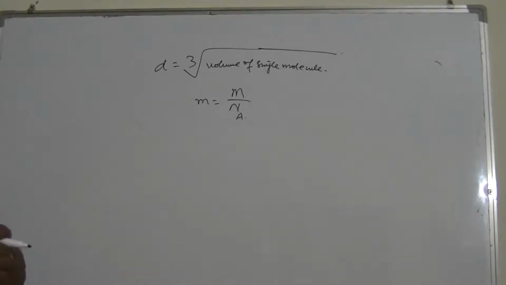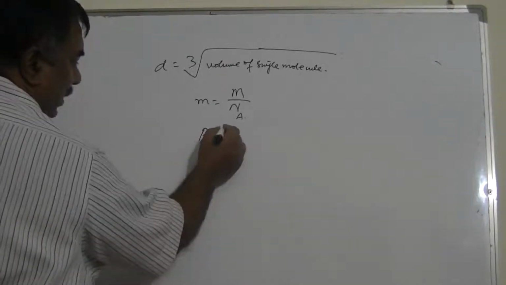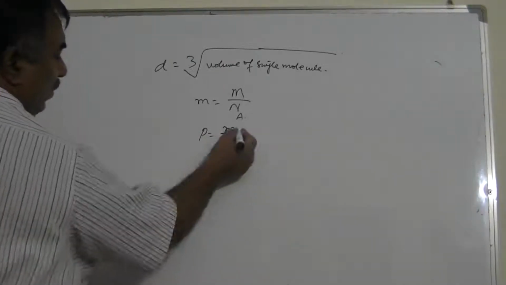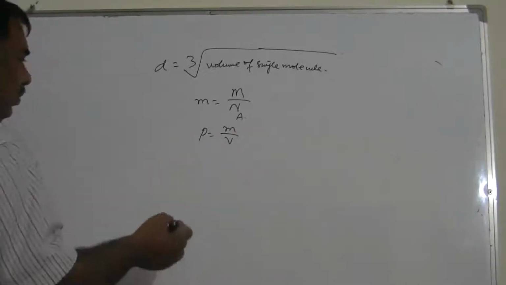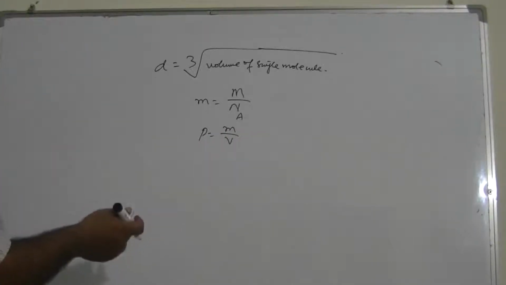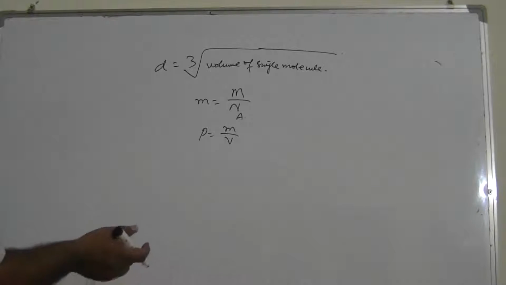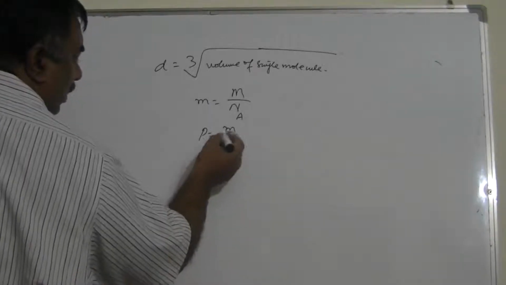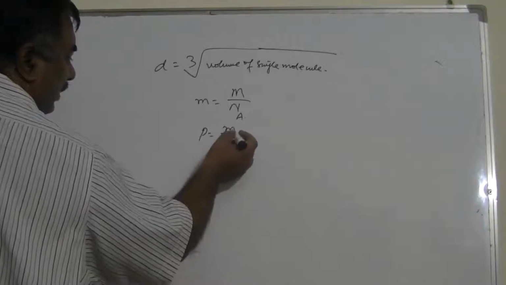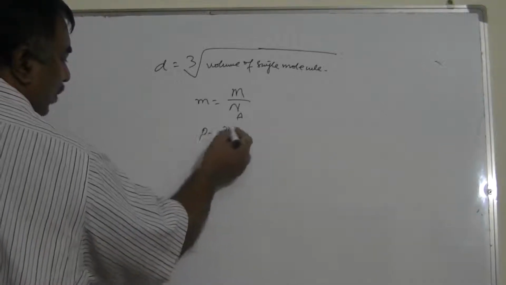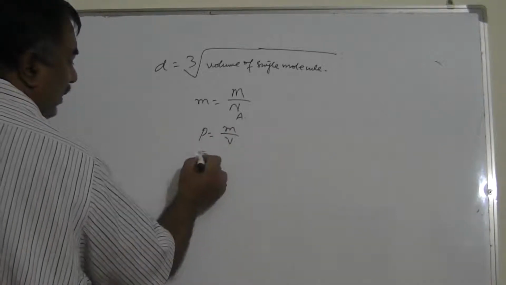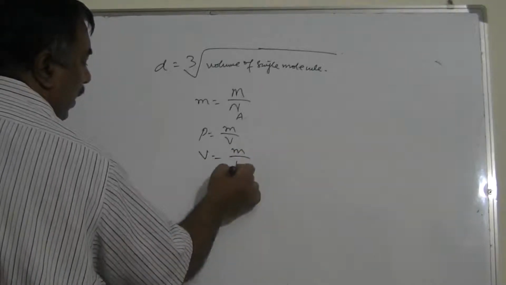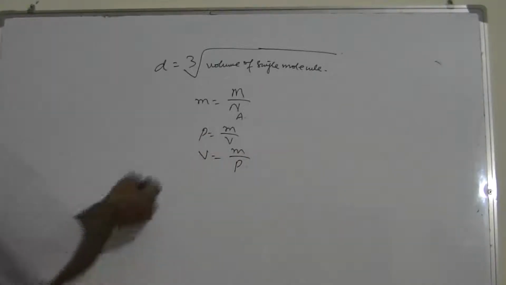Density of one molecule or density of 1000 molecules is the same. So density is mass of a single molecule upon volume of a single molecule. The formula for density still holds, and we can say rho = m/V, or V = m/rho, and we can find V.